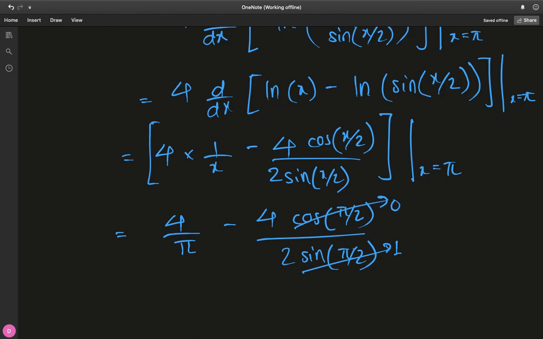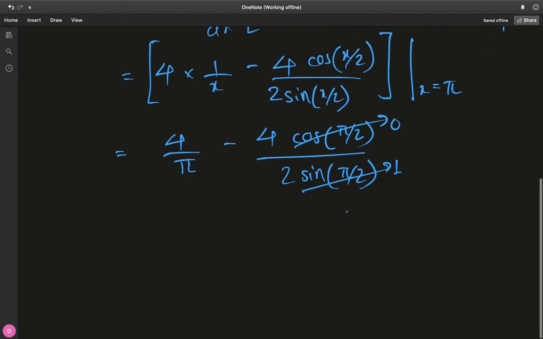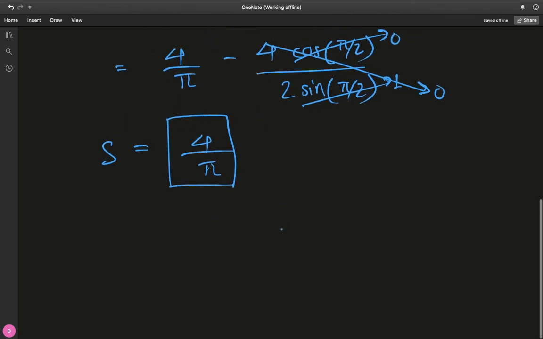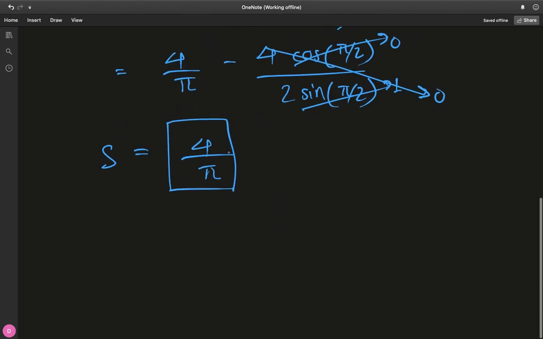So 0 over any stuff we don't care, because all of this is just going to go to 0. So all we are left with, and what is all this equal to? S. S is nothing but 4 over pi. Isn't that really fabulous? I mean, no one was expecting the pi, right? I mean, we had a pi in the original sum, but again, pi fails to not surprise us.